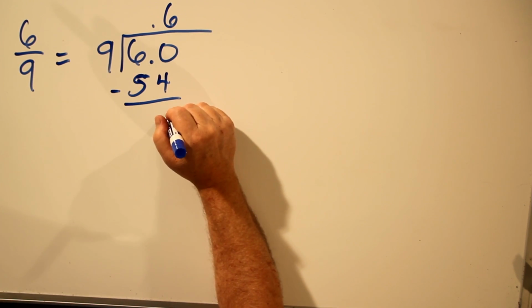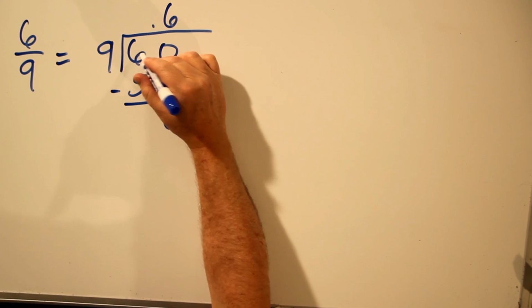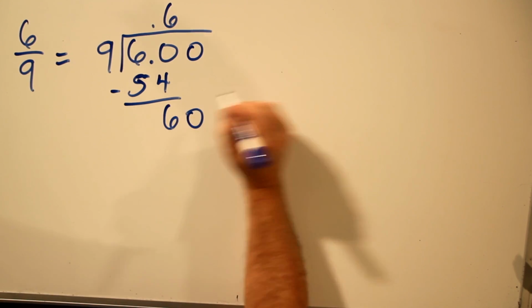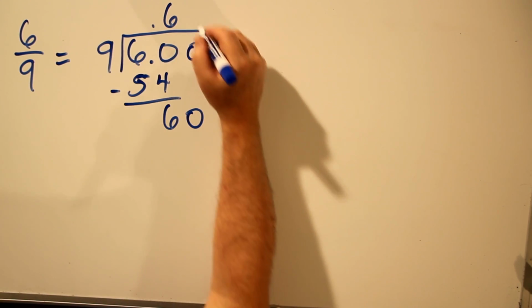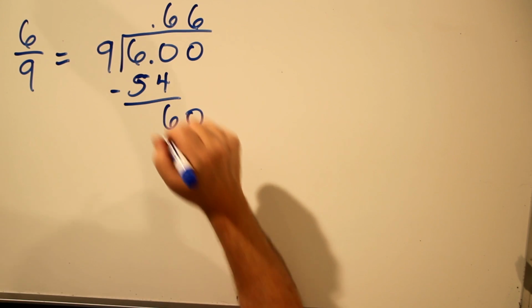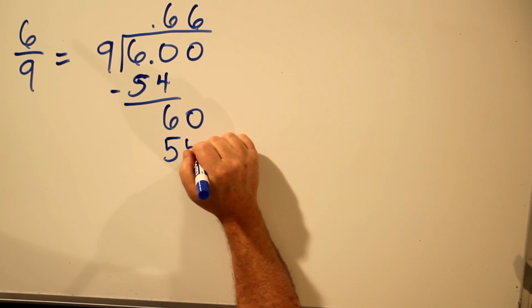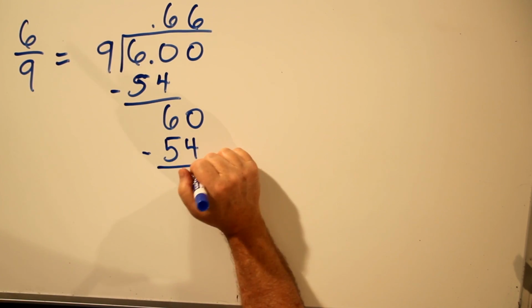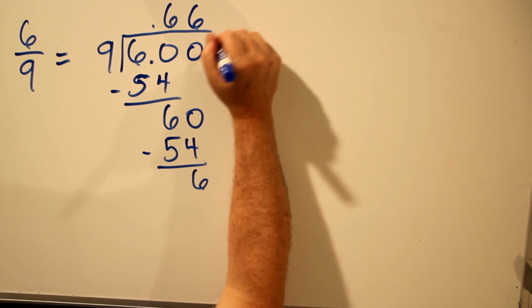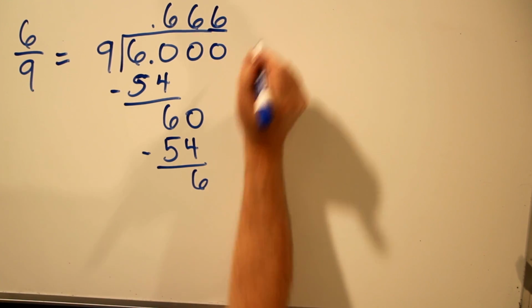Subtract 60 minus 54, remainder 6, which is where we started. If we bring down another 0, 9 goes into 60 6 times. 6 times 9 is 54. Subtract, remainder 6. So we see the pattern here.